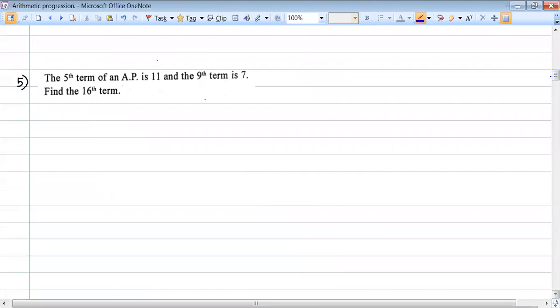So this is the fifth question. The fifth term of an AP is 11 and the ninth term is 7.